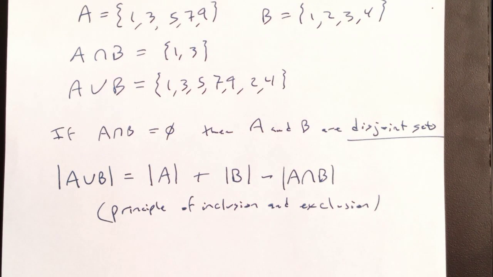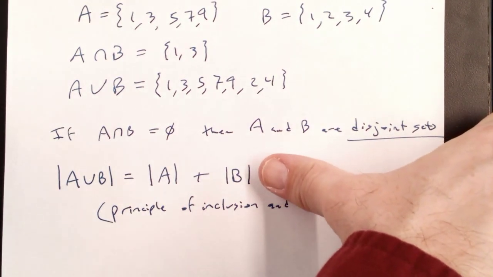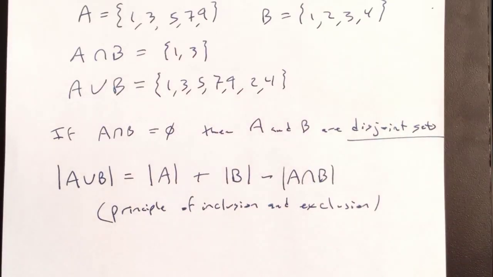So I get size of A plus size of B minus 0. I don't need to worry about it. There is often a separate version of the rule that says if the sets are disjoint, then this. And my reaction is no, don't bother to memorize a new rule. Just remember that disjoint means there's no overlap. Subtract a zero.